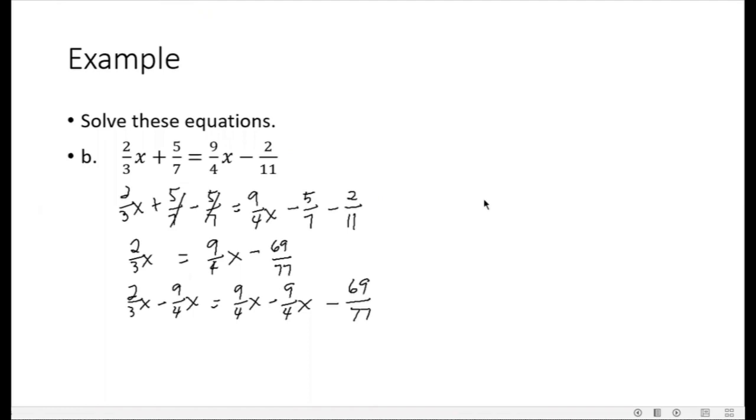So we have negative 19 over 12x on the left side. On the right side, the 9 over 4x minus 9 over 4x is eliminated, so this becomes 0.